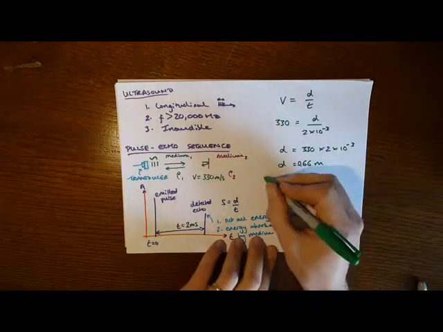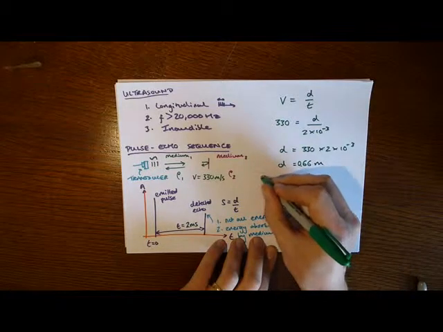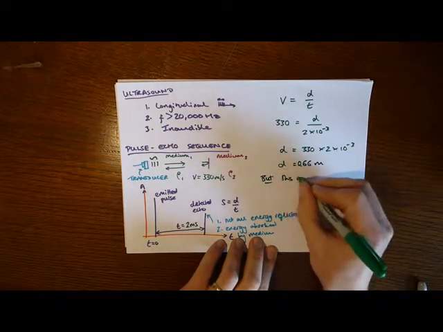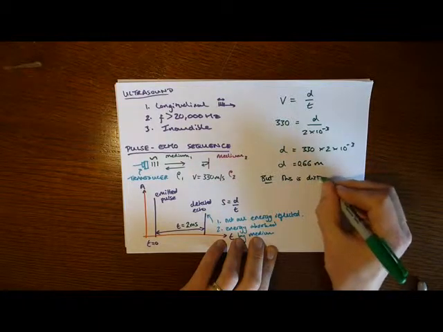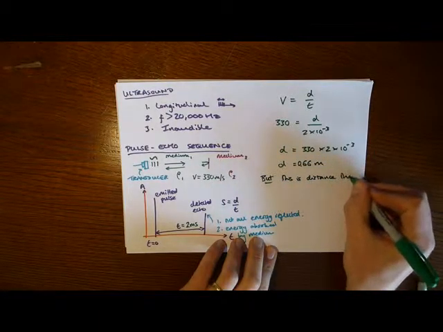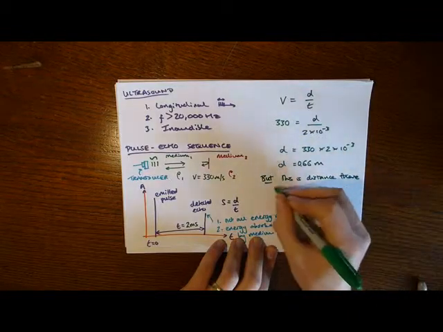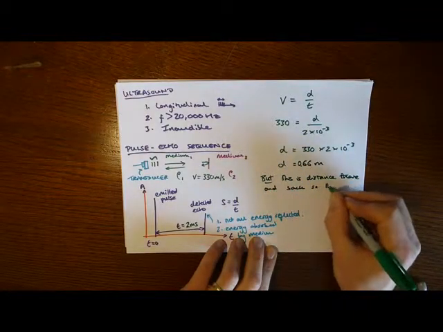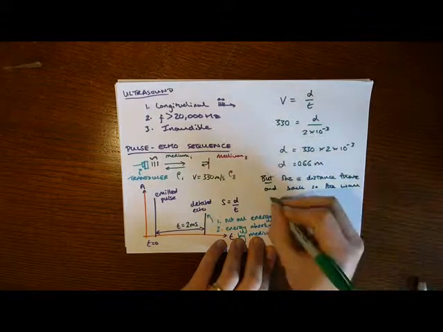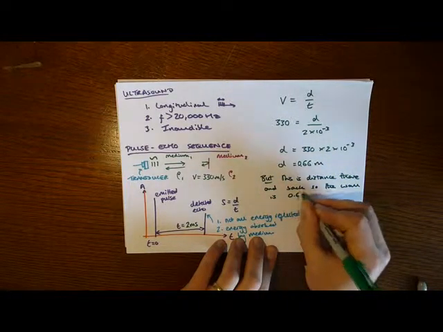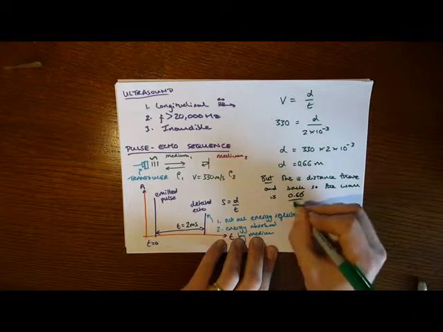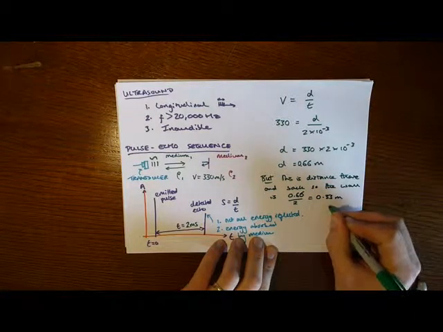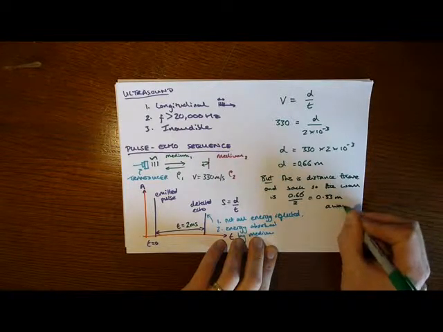So in my exam I'd write something along these lines, show the examiner you understand, but this is distance there and back. So the wall is 0.66 over 2 equals 0.33 meters away.